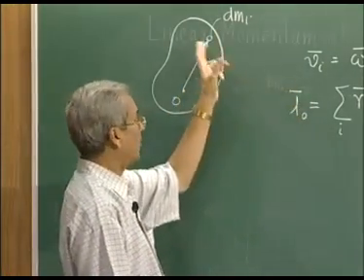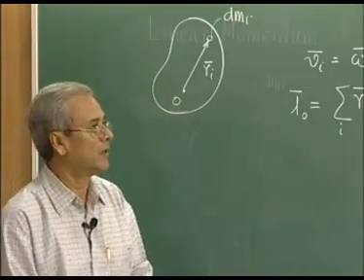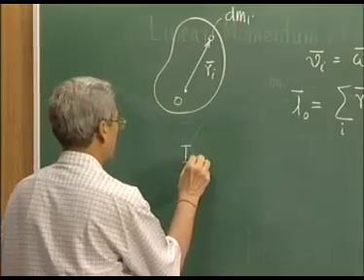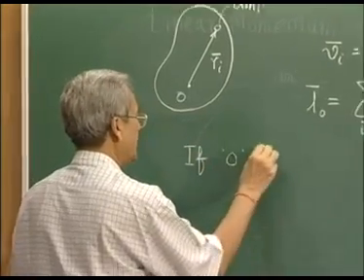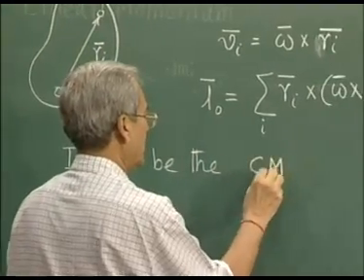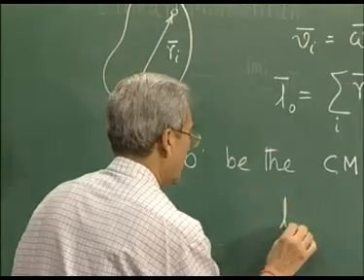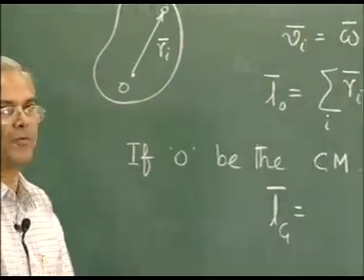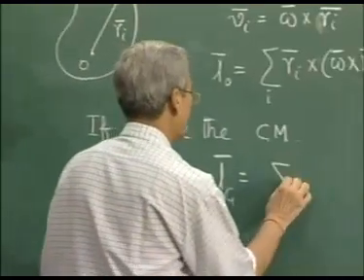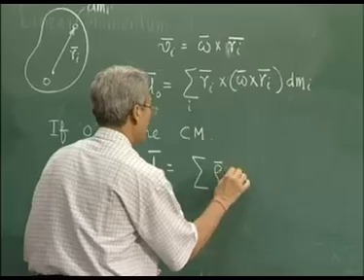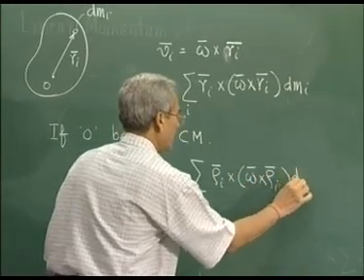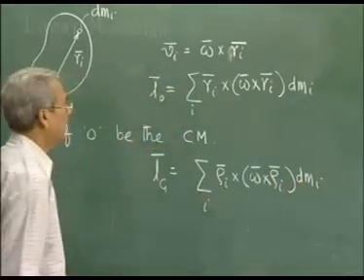So, straightforward we come to this expression from the definition that it is nothing but the moment of the linear momentum of all the particles summed over the whole rigid body. If O happens to be the center of mass, then the angular momentum of a rigid body about the center of mass is summed over all the particles.